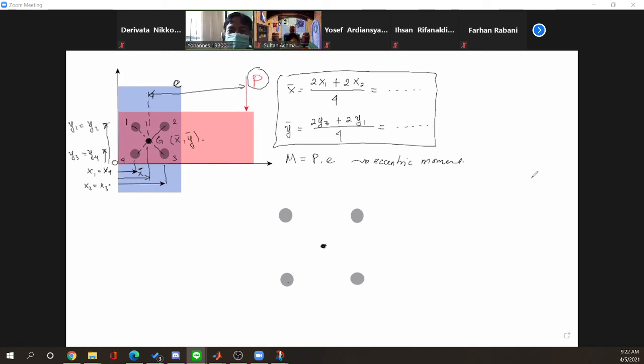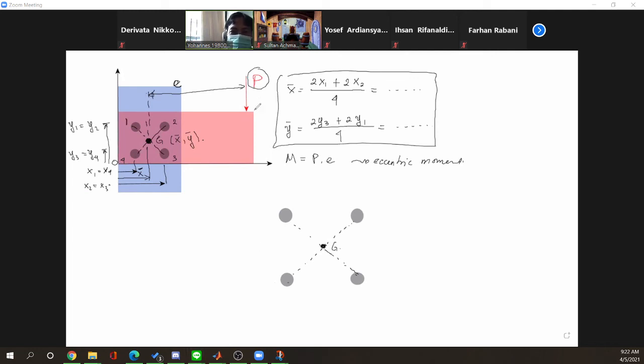And we have the load far from this point G. So let's draw the force acting on each rivet because of the external load P.